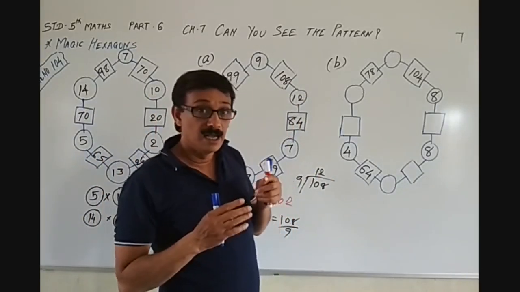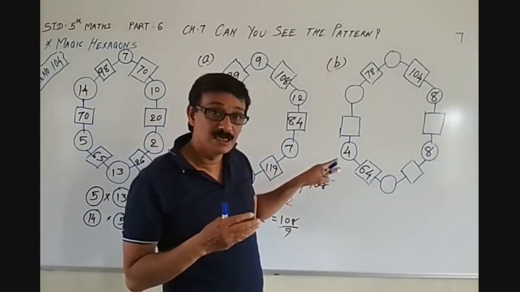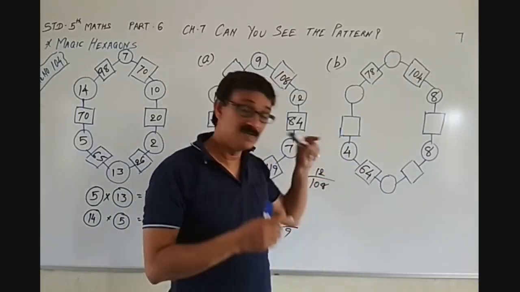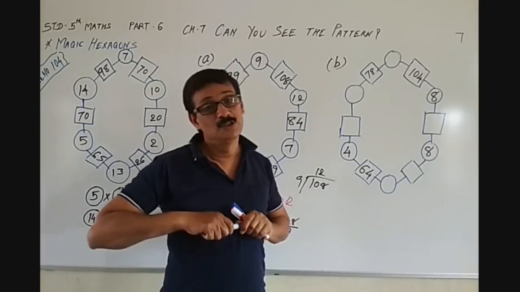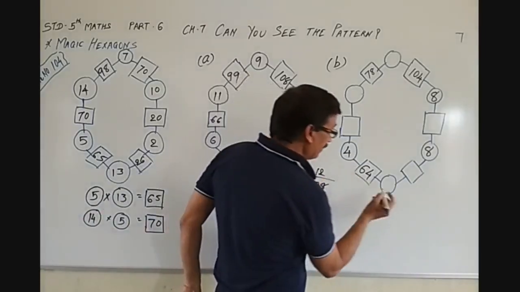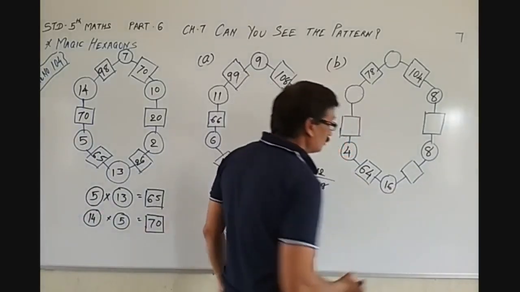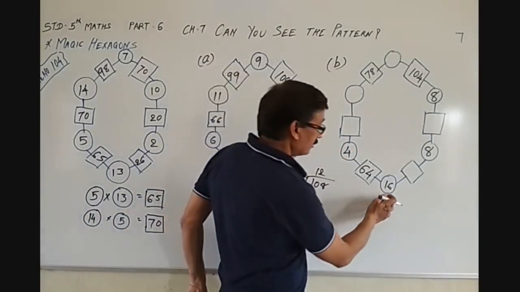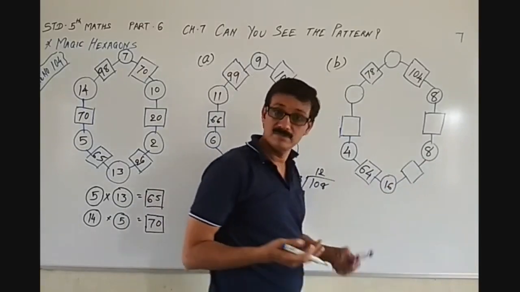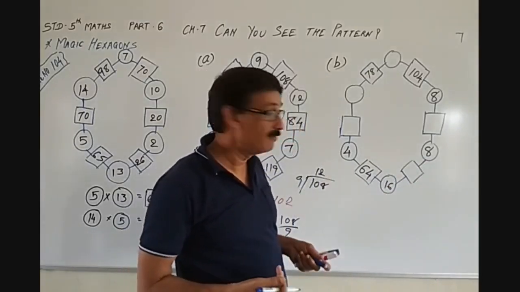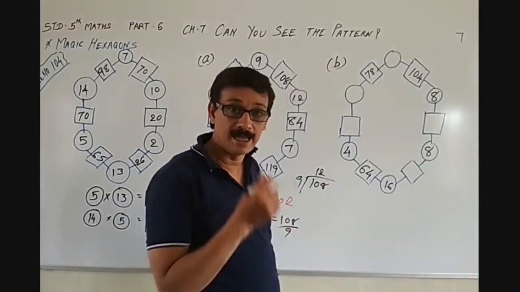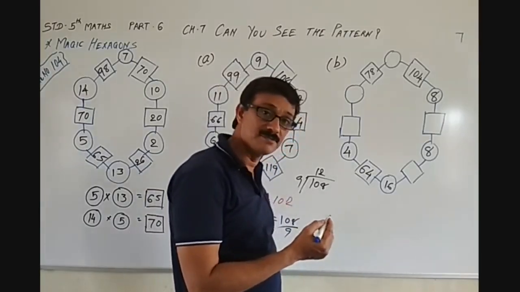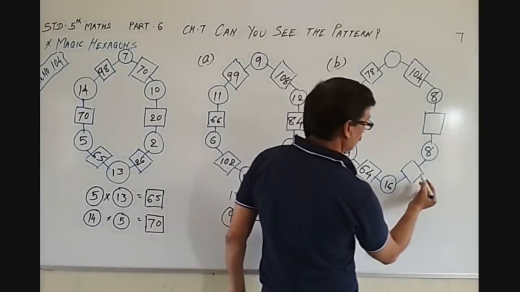Do you find 16? 4 sixteens are 64, isn't it? So in this circle there will be 16. Now here 16 and 8 are there. Then there is no problem. We can go for that. 16 eights are, what is that?